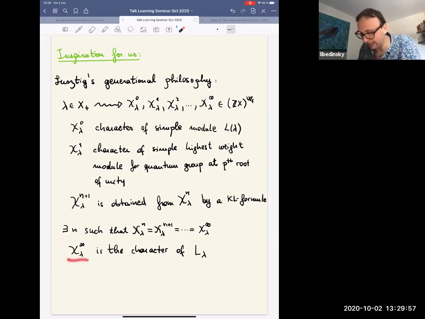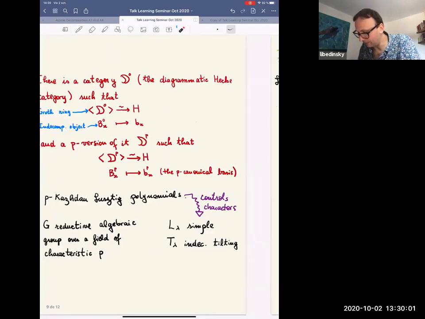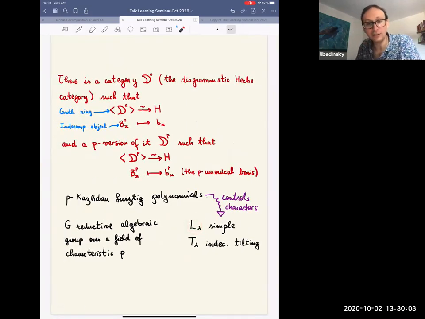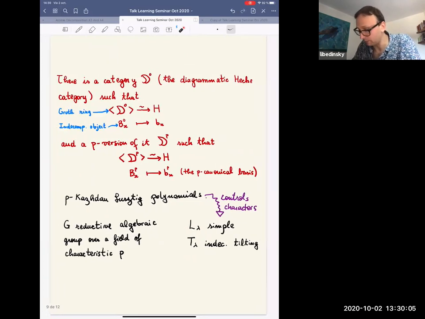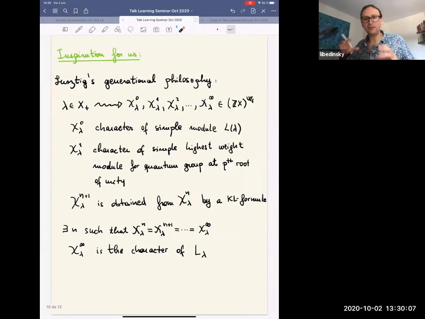The end part is the character of the L(lambda) that I wrote here, of the reductive algebraic group in positive characteristic. So essentially, this philosophy is to try to understand the p-canonical basis by dividing the problem and approximating successively.